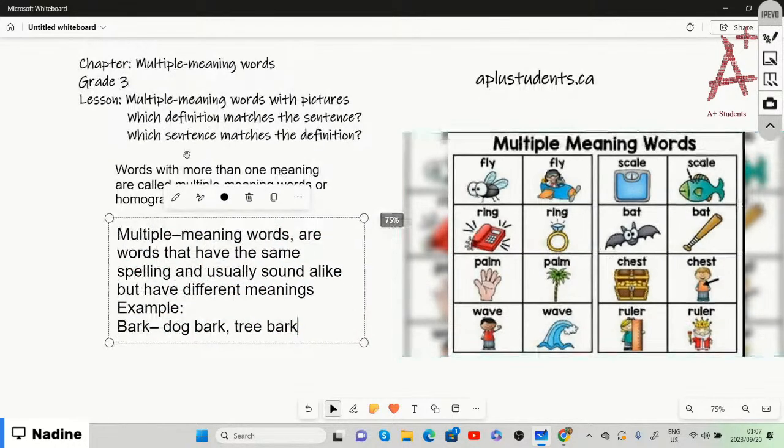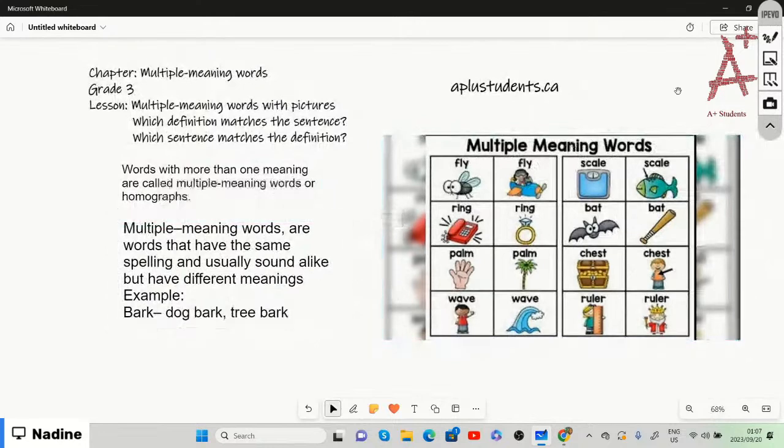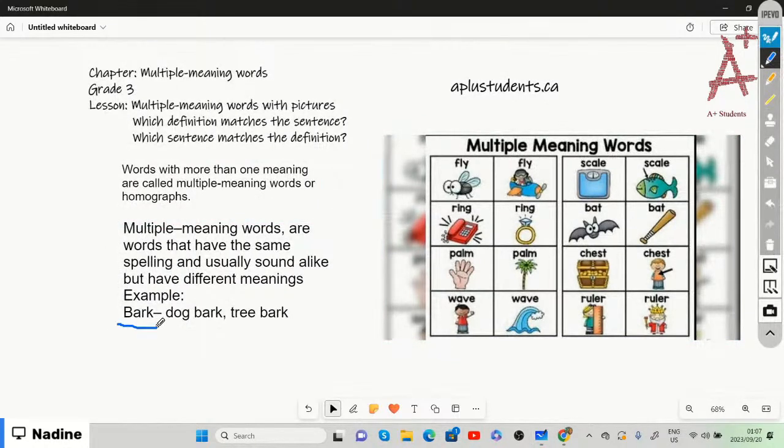For example, bark. So the first bark is a dog barking, right? So that is the first bark. And then we have another bark, which is a tree bark. So which means that the word bark has two different meanings.